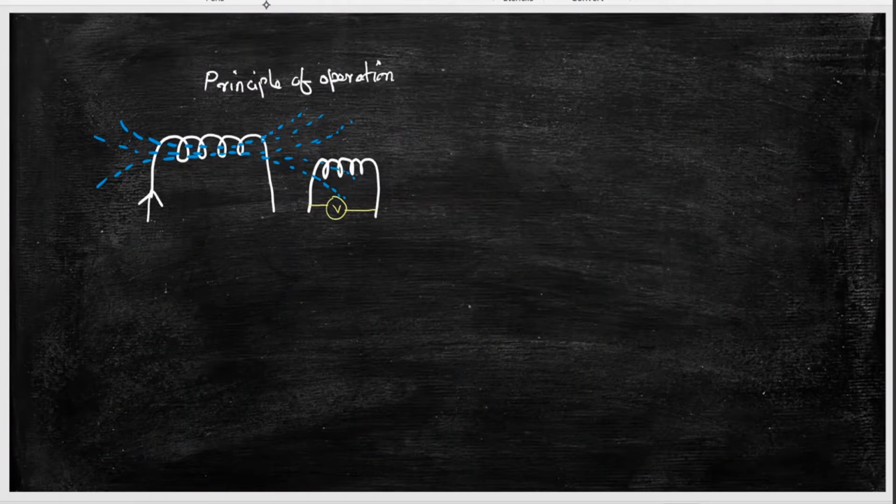That voltage which is induced in this coil is because of this flux linking with these conductors.